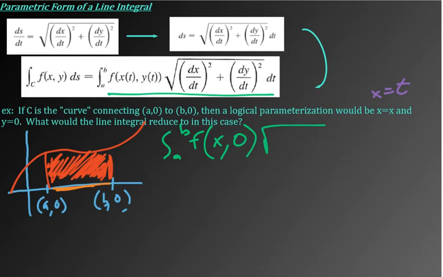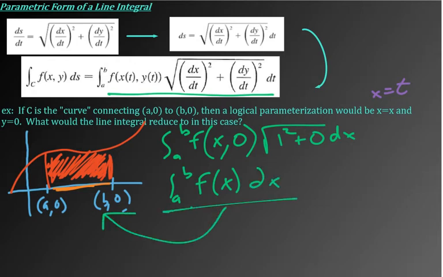The partial of x with respect to t is just going to be 1, squared. And then the partial of y with respect to t is just going to be 0, times dt or dx, depending on what variable you want to use. But if you look at what we have, we basically are just doing f of x, square root of 1, well, I'm not even going to write it, and then dx.